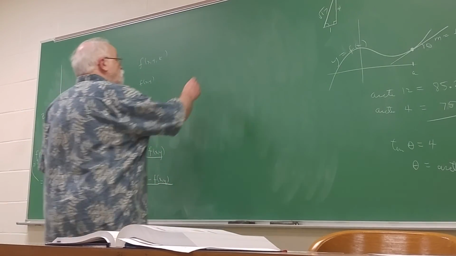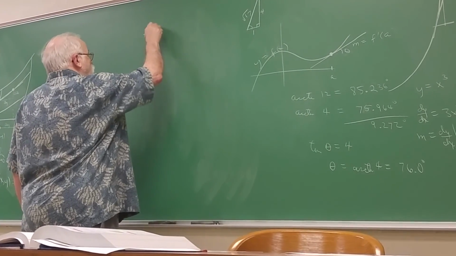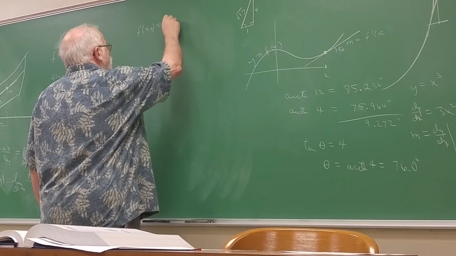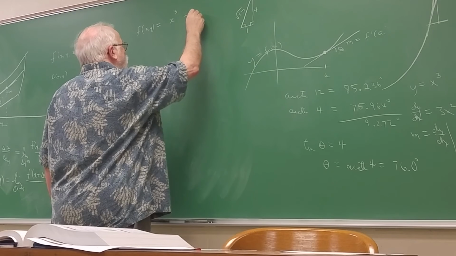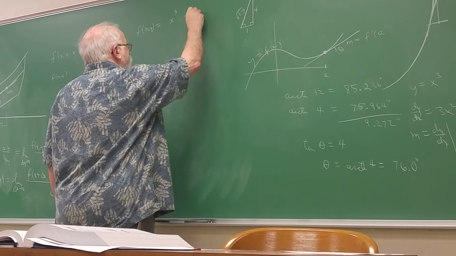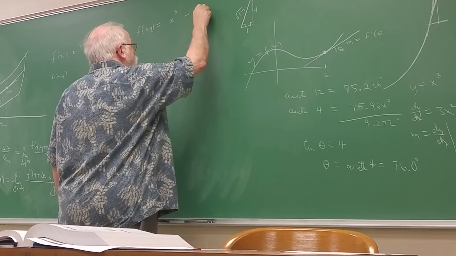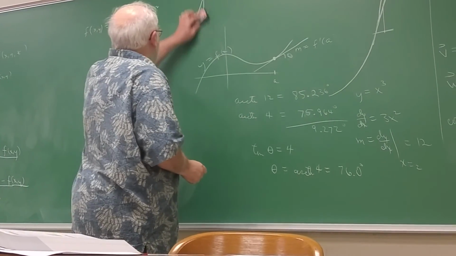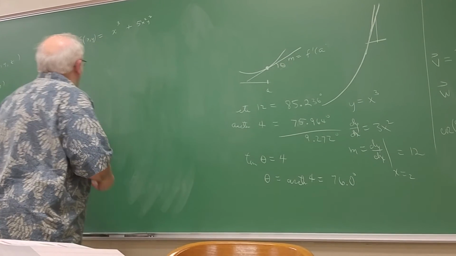All right, so let's take an example. f of x,y, let's not get too awful. I'm going to take x cubed plus 5 x squared y squared. That won't be too awful.